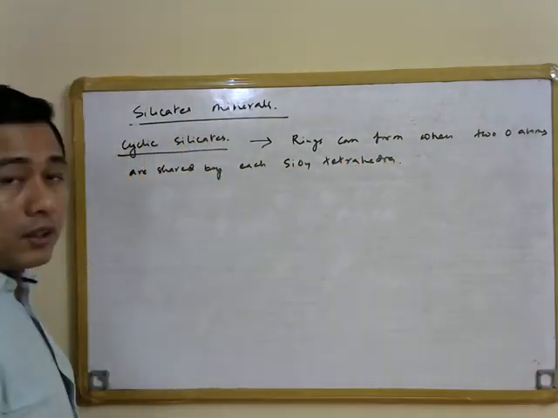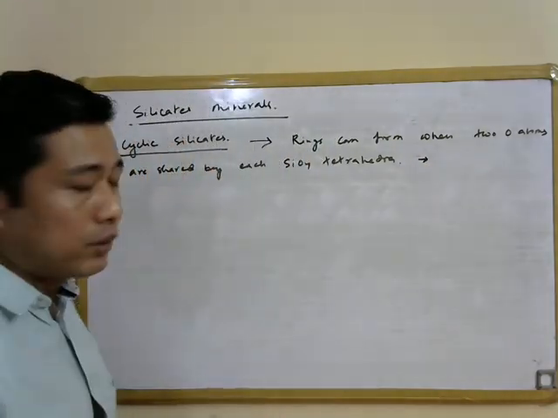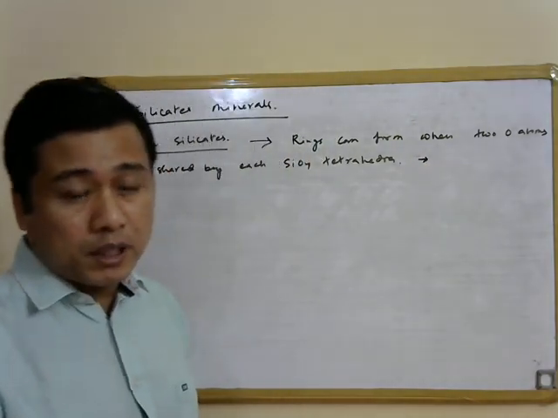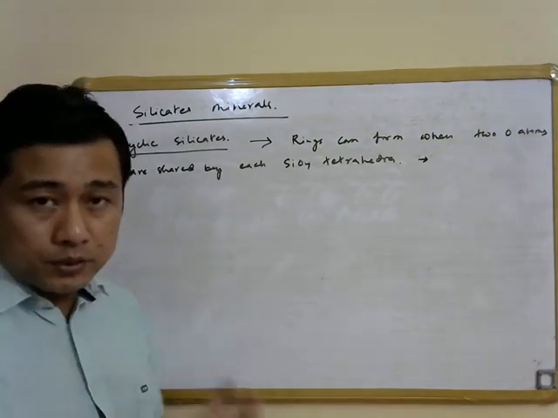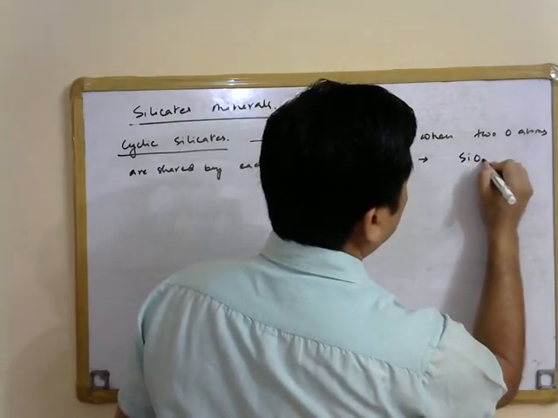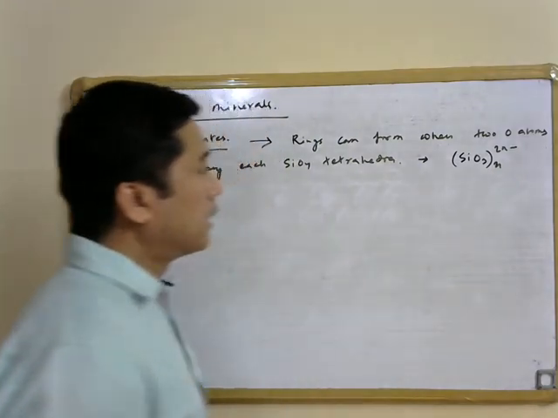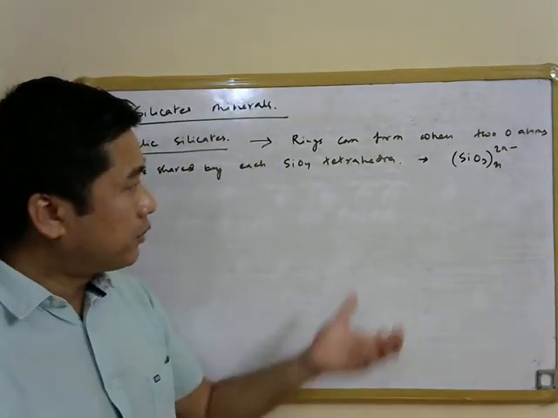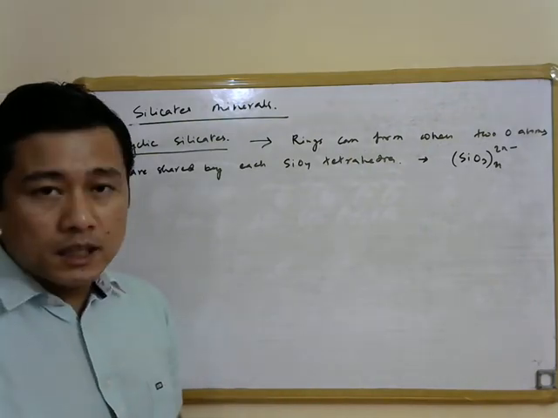The generic formula of such cyclic silicate minerals formed by sharing of two oxygen atoms per SiO4 tetrahedra is SiO3 to the power 2n minus, with n units.